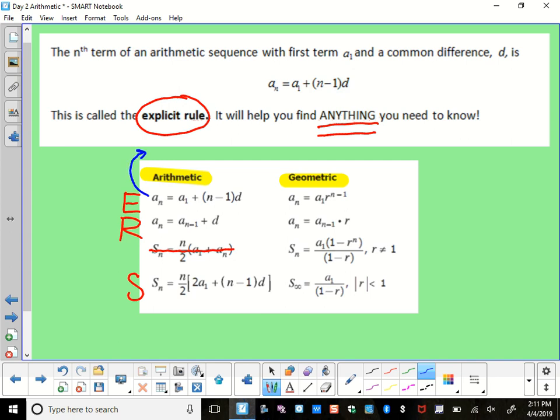Alright, if you have space right underneath it, that's fine. And I want you to write A sub n is equal to my first term plus D times n minus 1. Okay, all we're doing is removing that variable D from the back to the front of the parentheses.